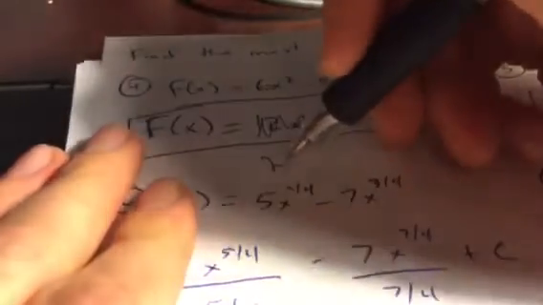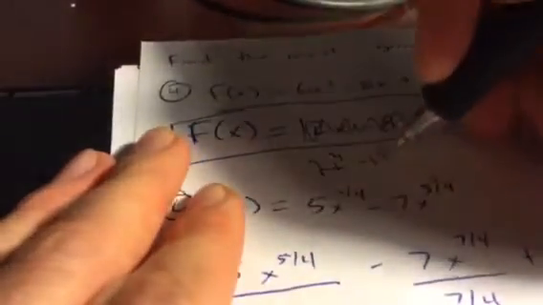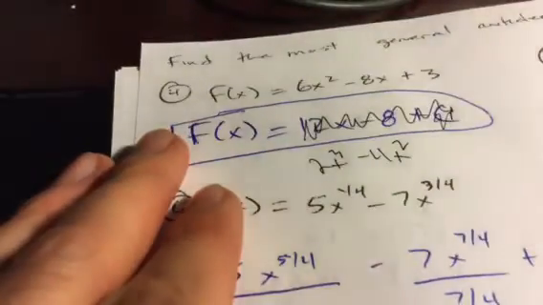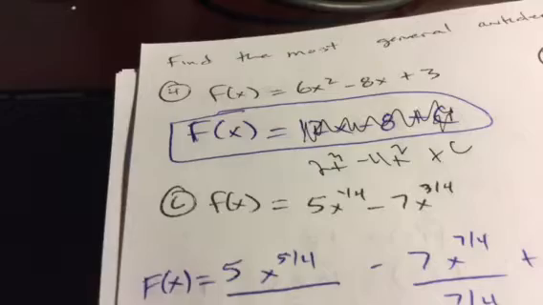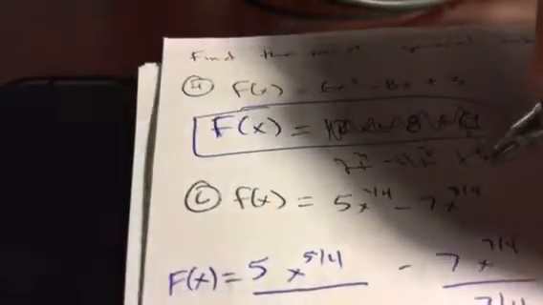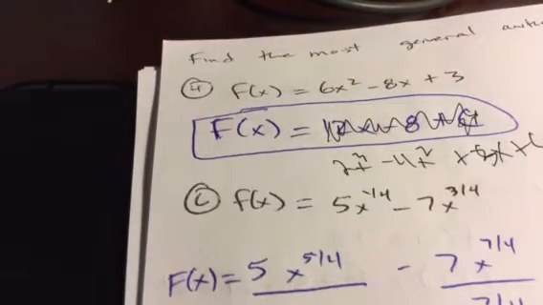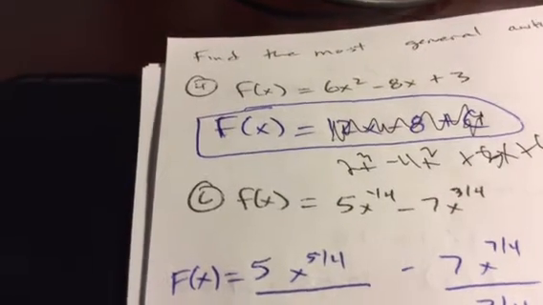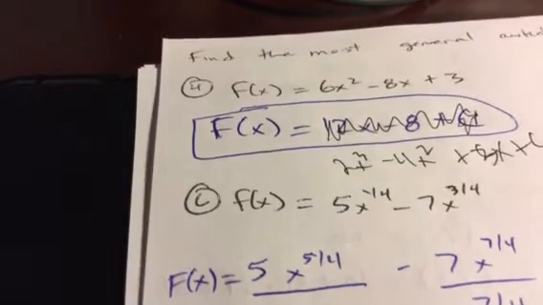So one power up would be 2x to the third, and then divide by that power, minus 4x squared, plus, we're going to do that one again, plus 3x plus c. And folks, we did the same thing before.